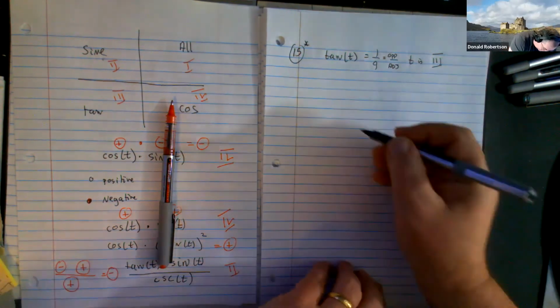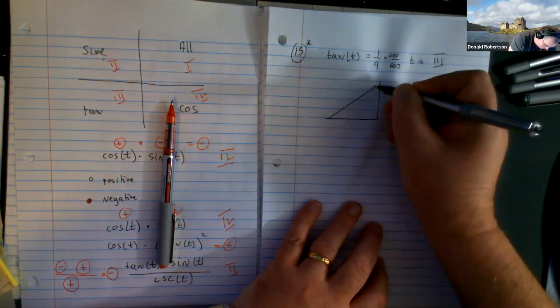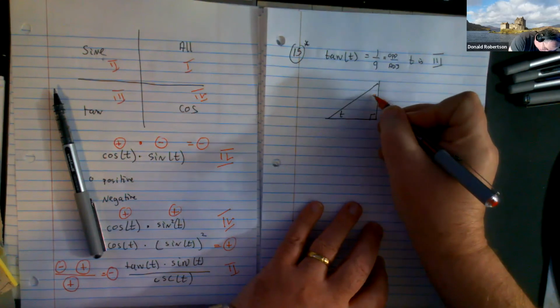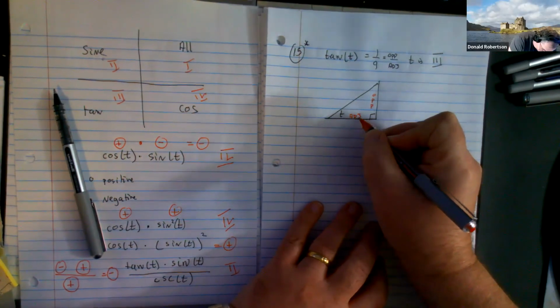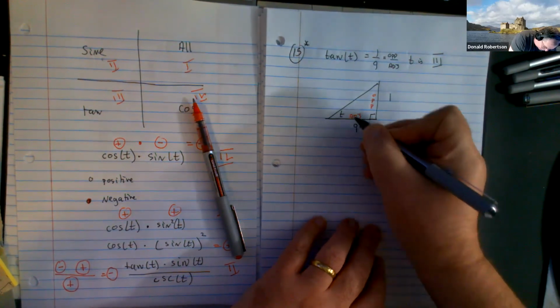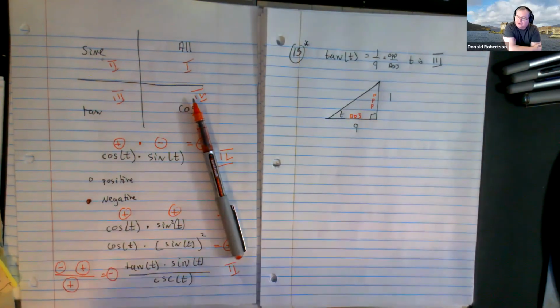So if I build a right angle triangle, is this what you were kind of thinking of when you mentioned it a few moments ago? Yeah, I got it. So the opposite is 1 and the adjacent is 9. And I kind of need the hypotenuse, don't I, if I'm going to get all the ratios.